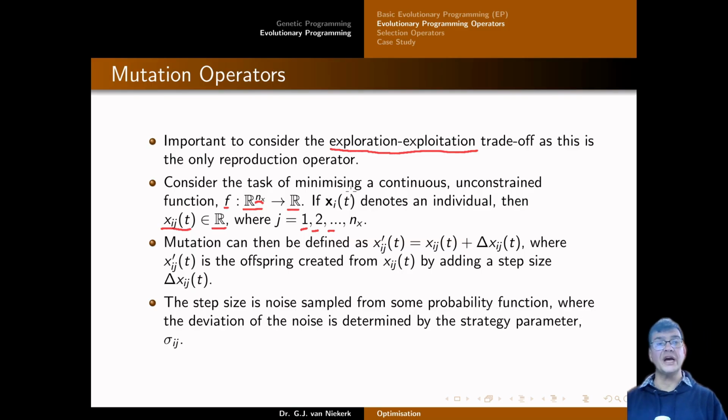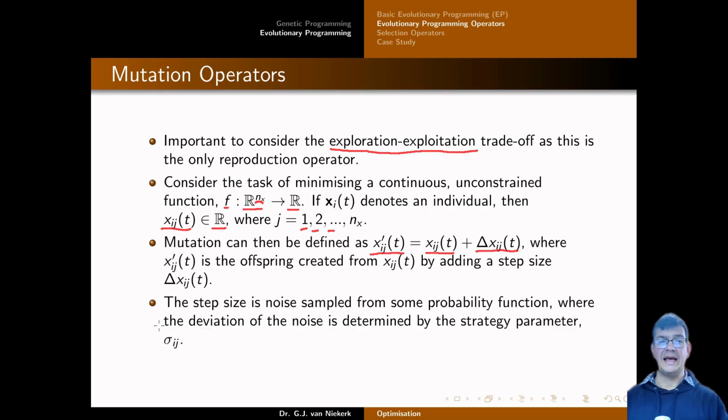So now our mutation can be defined as follows. Given your parent, x_i(t), where x_i is the parent and j is every component, you take the parent and simply add some delta value to each component, and that then becomes your offspring for that parent.